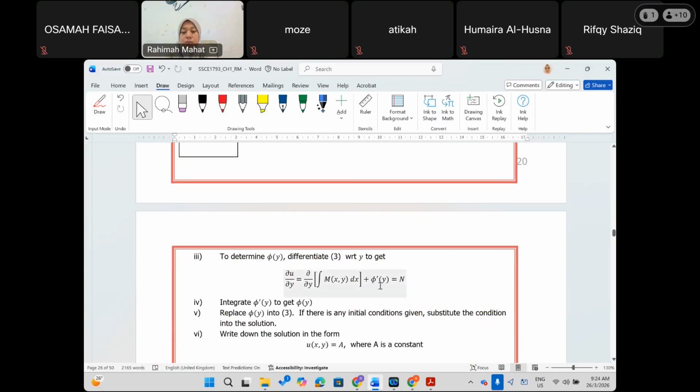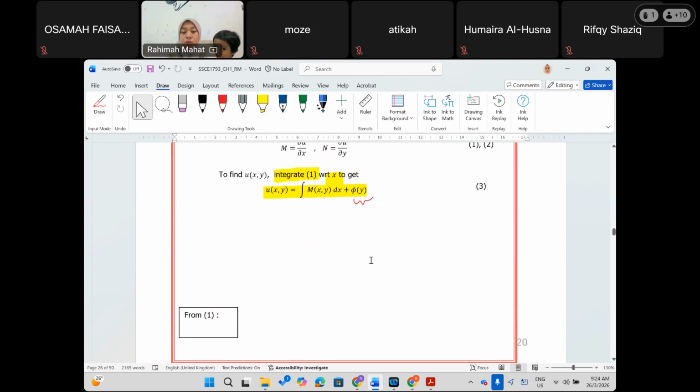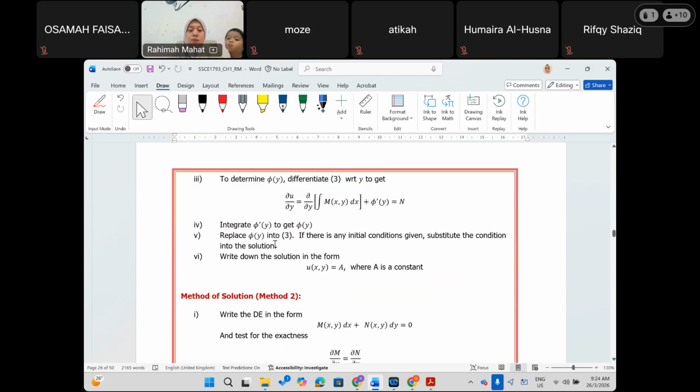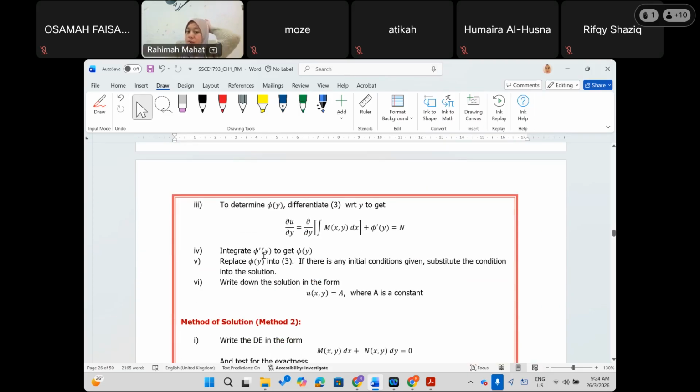Then integrate to get phi(y), replace phi(y) into 3, so you can get the solution, and write it down. Maybe it is easier if I give you an example. If I just give you the steps here, it might be confusing.